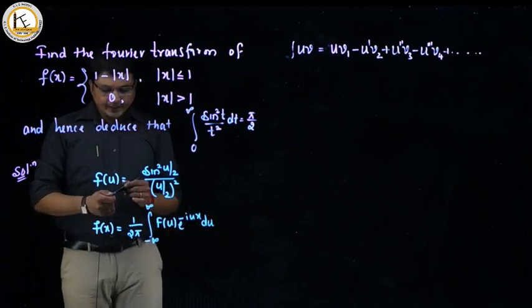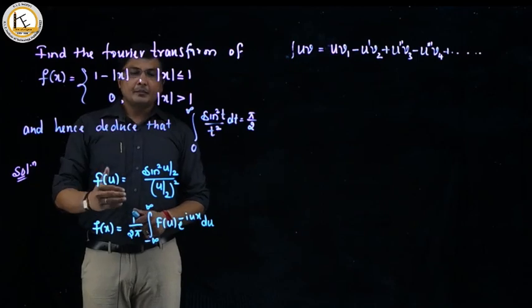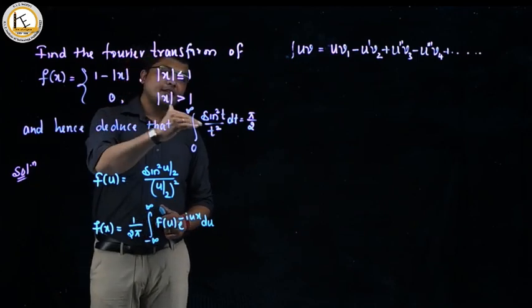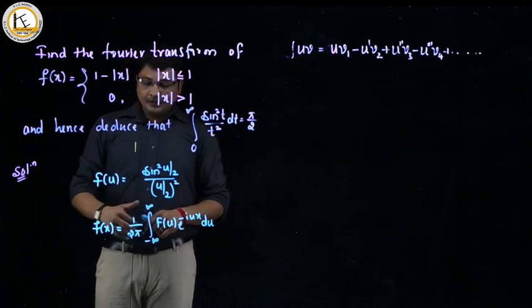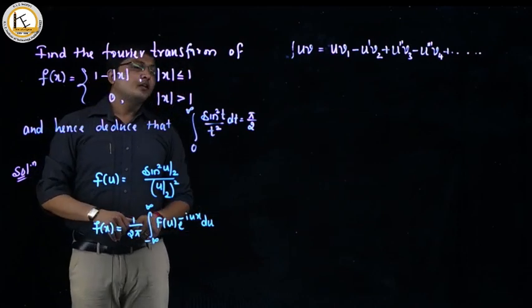So this is the inverse Fourier transform formula, and every time remember, whenever we are deducing an integral, in that case we are going to use the inverse Fourier transform formula.